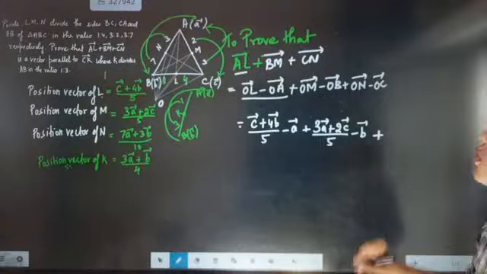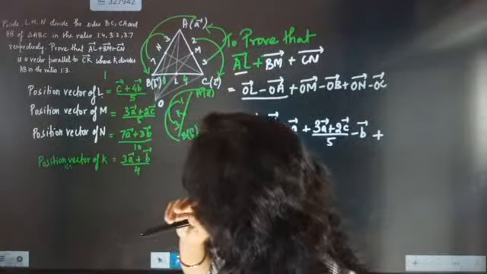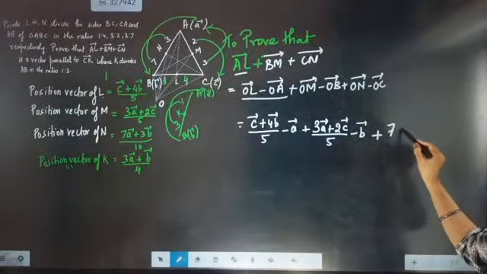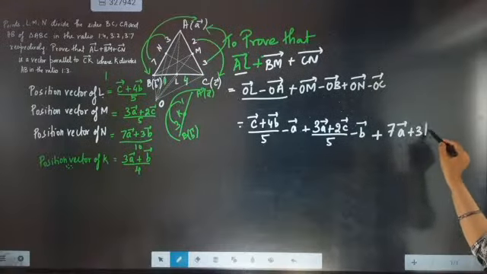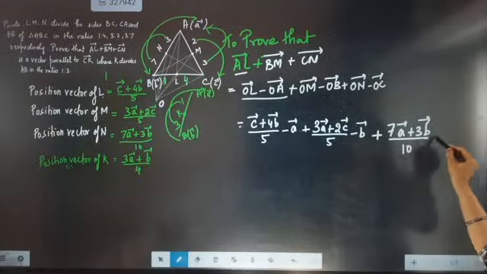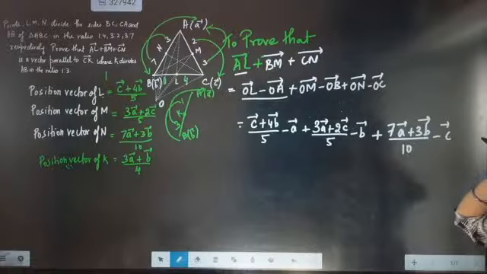Plus ON vector, which is (7A vector plus 3B vector) by 10, minus C vector. Back to back we got everything.